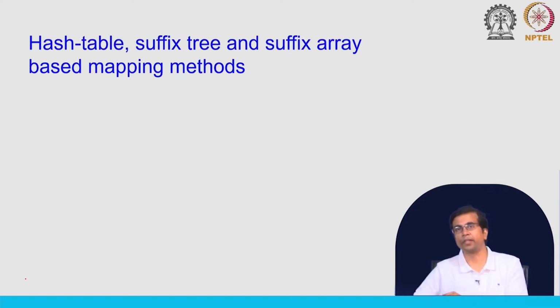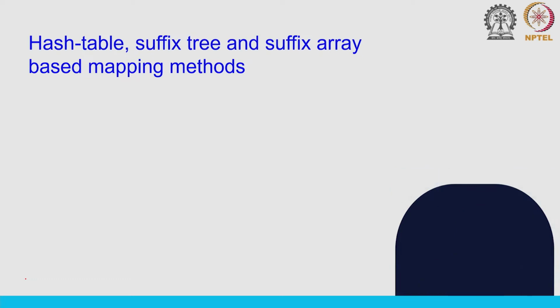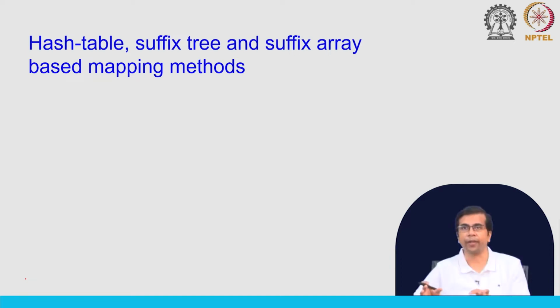And then we talked about suffix tree and suffix array based methods. These are related ideas, as they both relate to suffixes. We talked about how we generate suffixes from a reference sequence, and then the tree representation and the array representation. We talked about their advantages and disadvantages, and how we can search sequences using the suffix tree or suffix array structure.